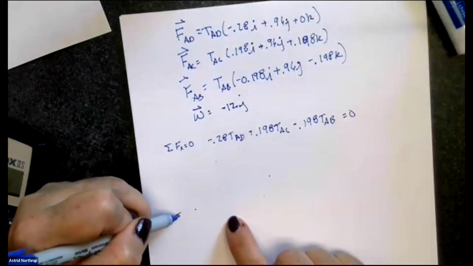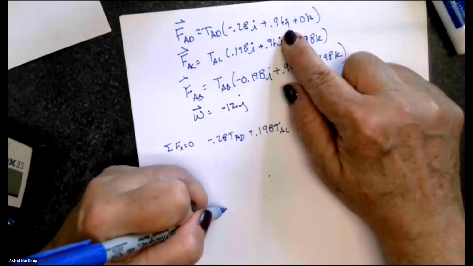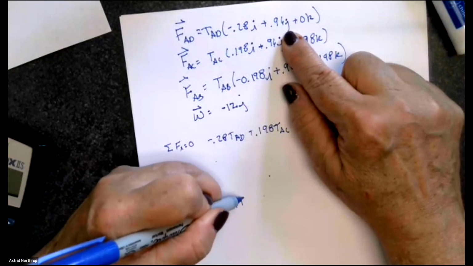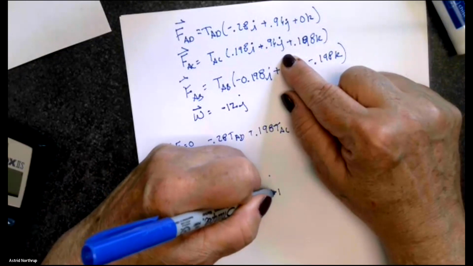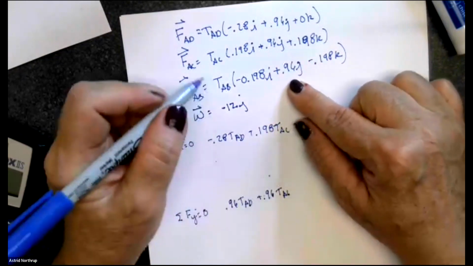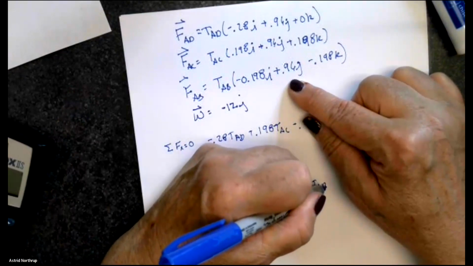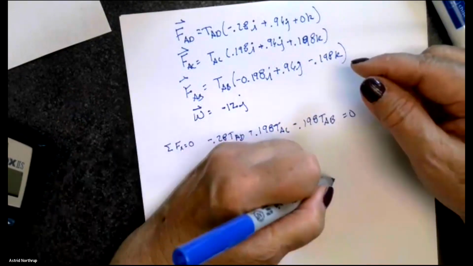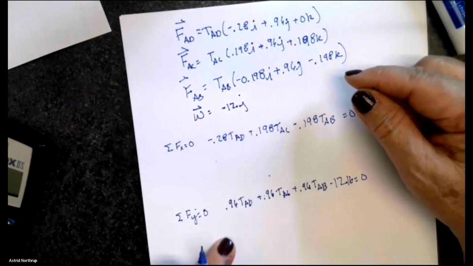I'll leave a little workspace. Summation of forces in y has to equal 0. So I have 0.96 TAD plus 0.96 TAC plus 0.96 TAB. Only now we have the weight, minus 12 pounds, equals 0.